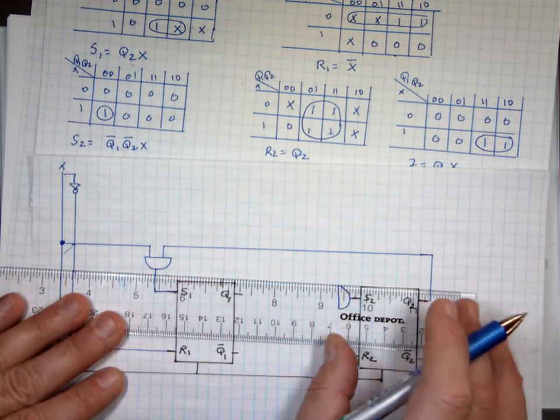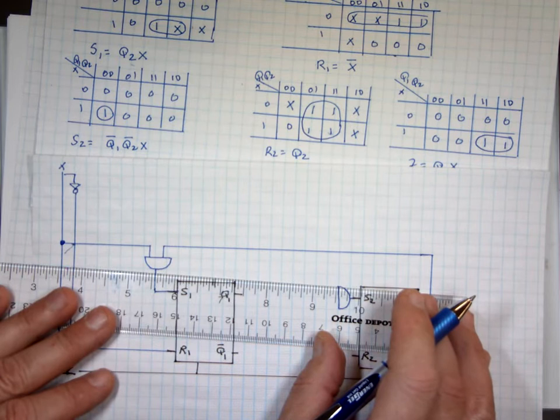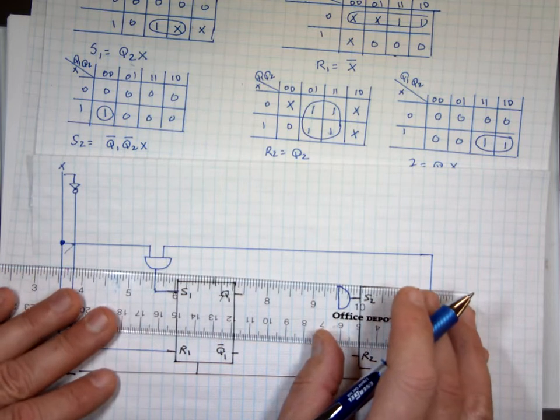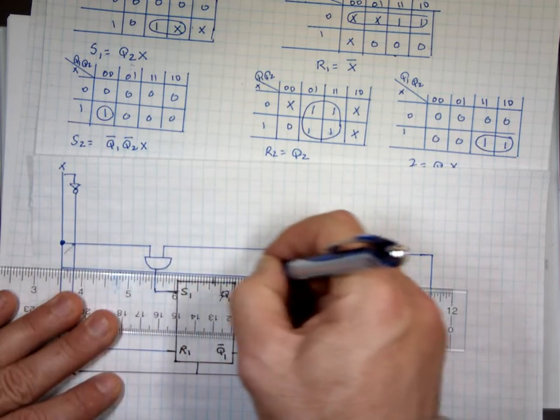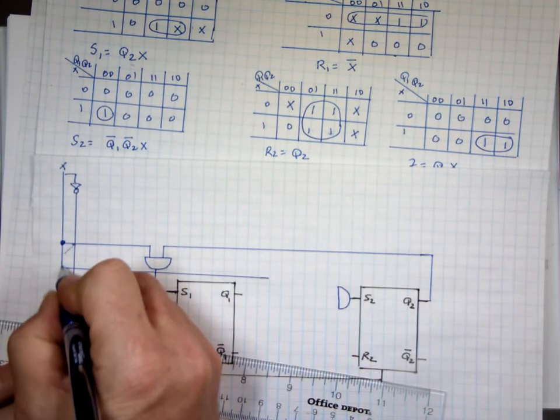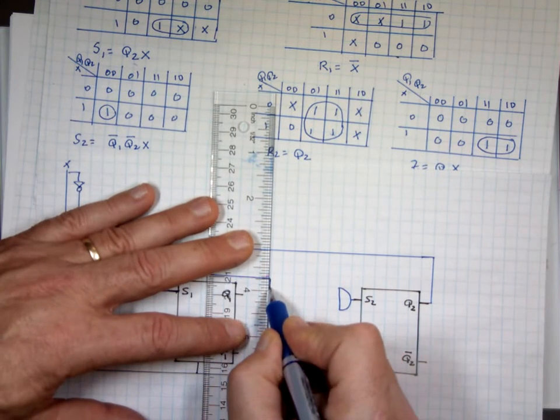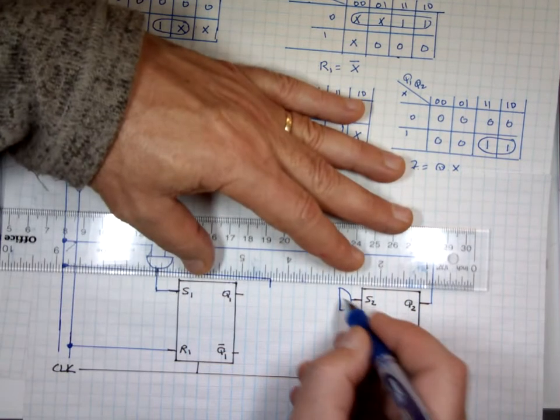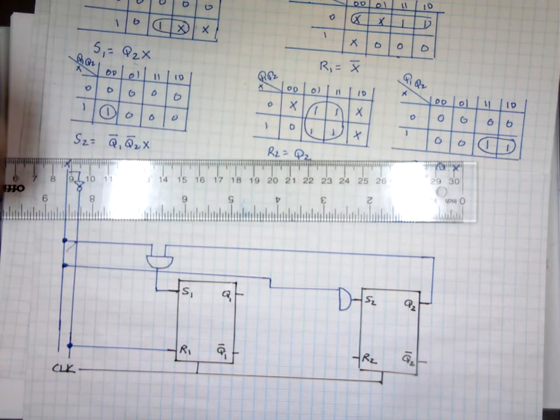I should make that gate a little bit bigger, but that's okay. That's X. That's the first one. I have Q1 bar.